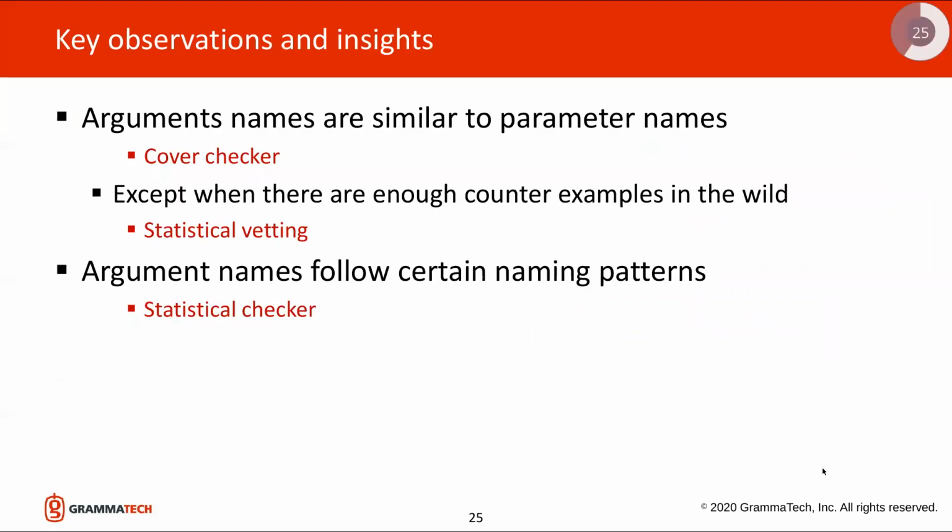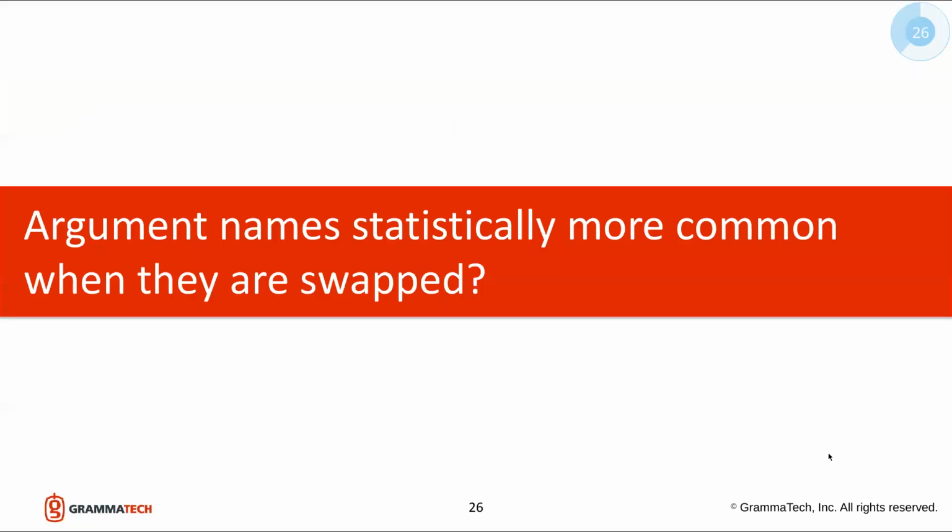Another observation is that argument names follow certain naming patterns based on their positions for a given API function. This led us to create a stage called the statistical checker by looking at a large corpus of code. Here, we are asking the question, are argument names statistically more common in their swapped positions than their current position?